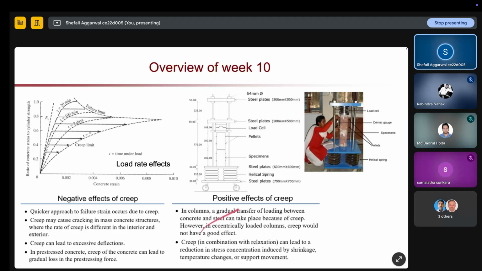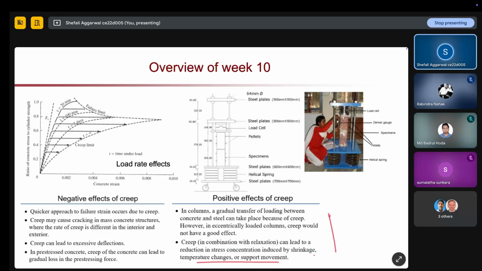Other thing is how creep can positively affect. First, in columns, a gradual transfer of loading between concrete and steel can take place because of creep. However, in eccentrically loaded columns, creep would not have a good effect. Other thing is, creep in combination with relaxation can lead to a reduction in stress concentration induced by shrinkage, temperature change, or support movement.